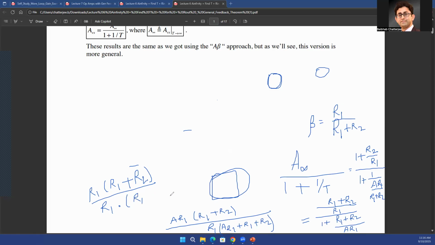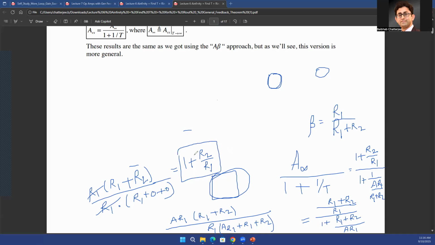And R1 divided by A and R2 divided by A, that will be 0. So R1 plus 0 plus 0. So eventually what you end up with is your R1 gets cancelled out and you have 1 plus R2 over R1, which was the original equation for your ideal op-amp.